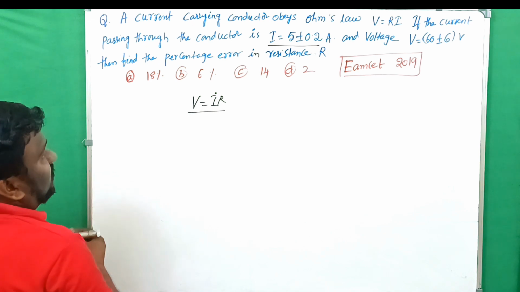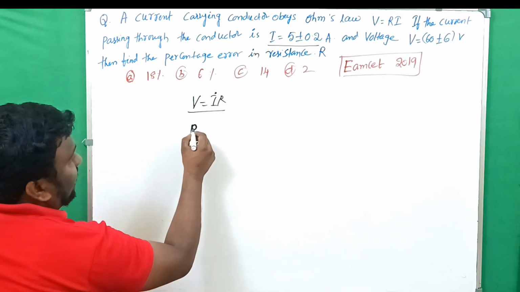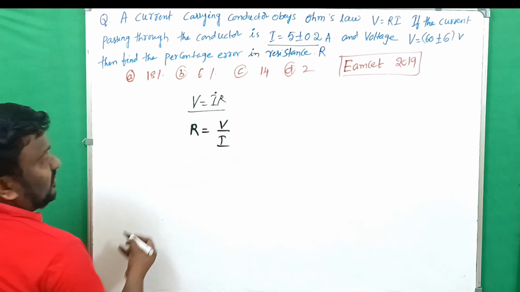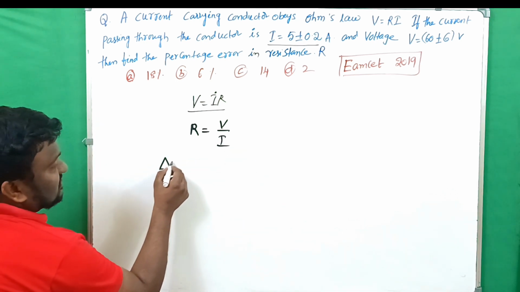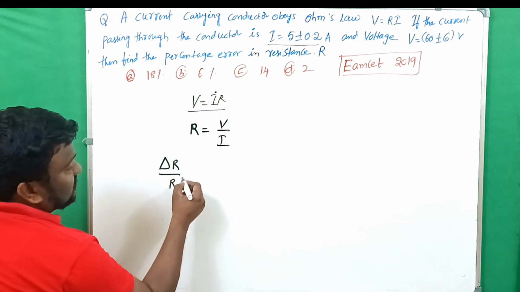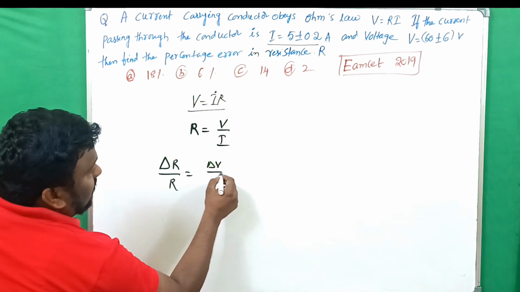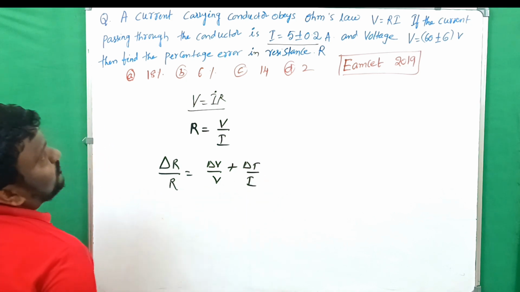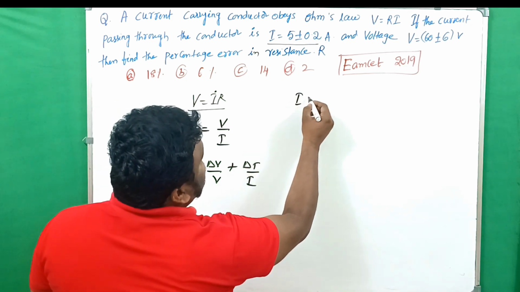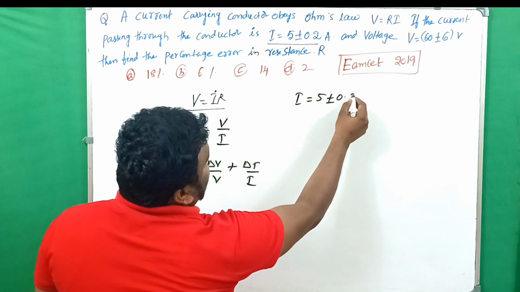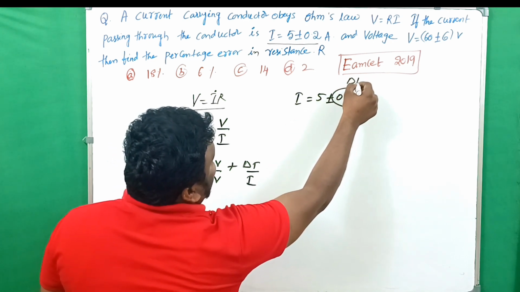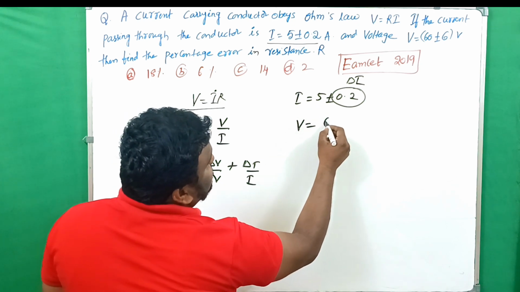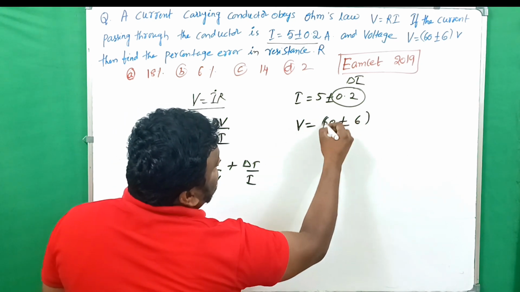Percentage error in R. That's why here according to the formula we write R is equal to V by I. Then here we can write the relative error of resistance, delta R by R is equal to delta V by V plus delta I by I. So from that, I is equal to 5 plus or minus 0.2. 0.2 is the delta I value and I is 5 here, and similarly V is equal to 60 plus or minus 6 volts.